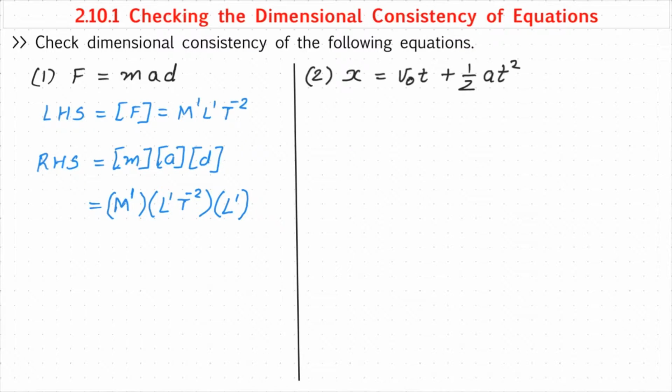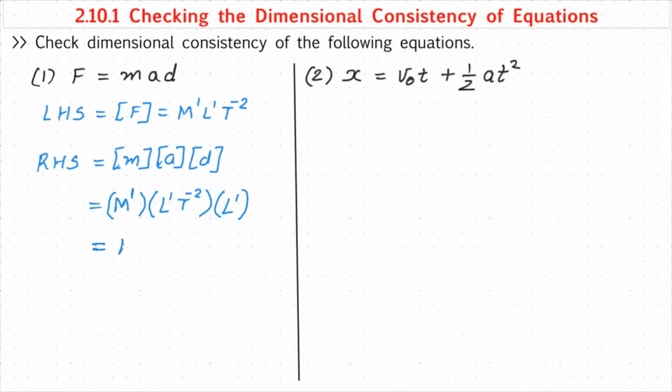Generally the dimension of mass is written as M1 L0 T0, but I have omitted this L0 and T0 to make the equation easy. The same way for acceleration the dimension is M0 L1 T minus 2, where I have omitted M0, and for displacement also it is M0 L1 T0, where I have omitted M0 and T0 for the ease of the solution. Now let us move further.